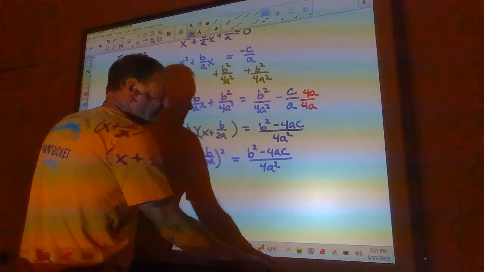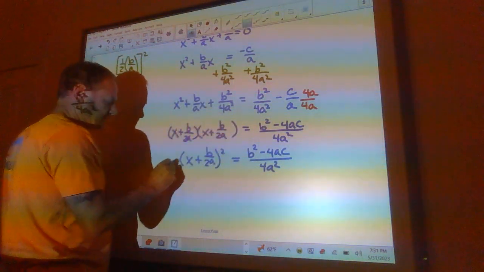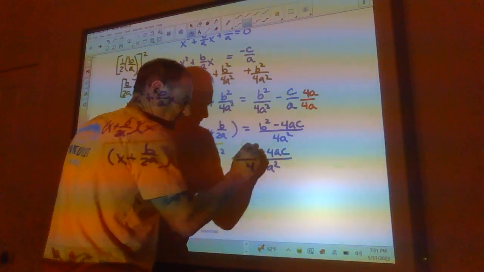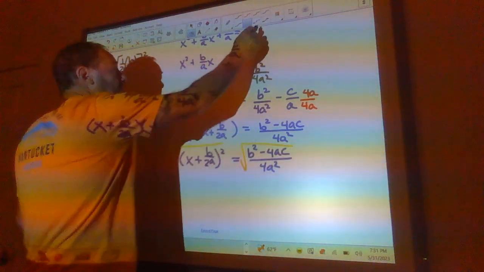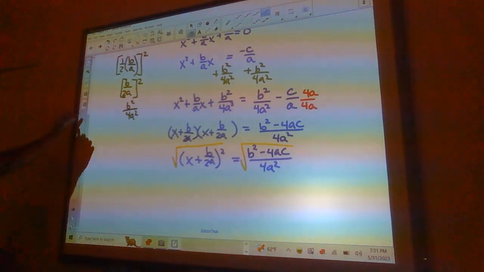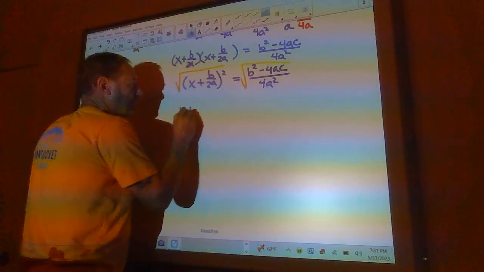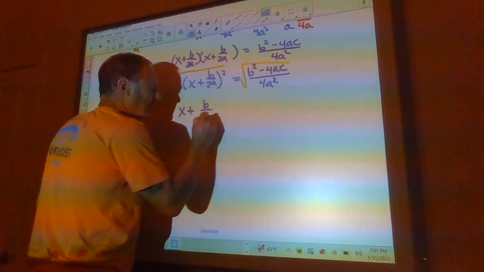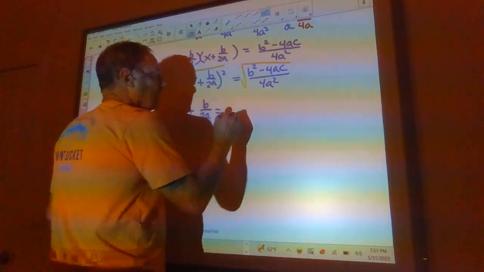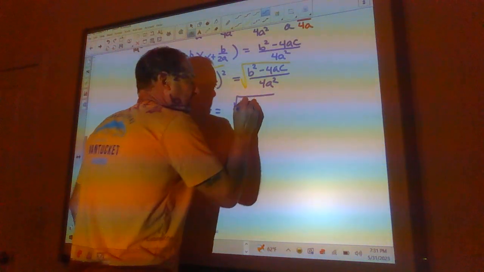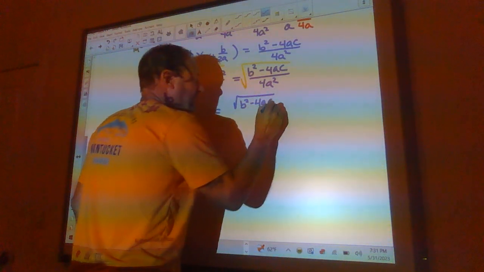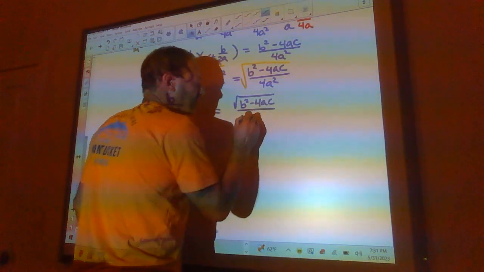And now in order to do this, I'm going to go ahead and square root both sides of this thing. And I'm going to get x plus b over 2a is going to equal the square root of b squared minus 4ac all over the square root of 4a squared, which is just 2a.